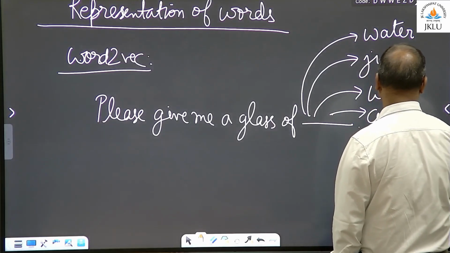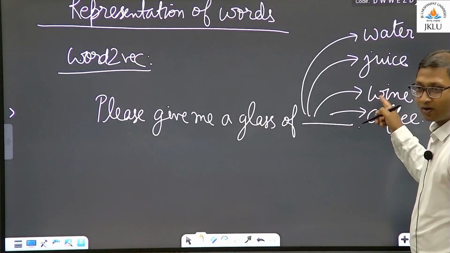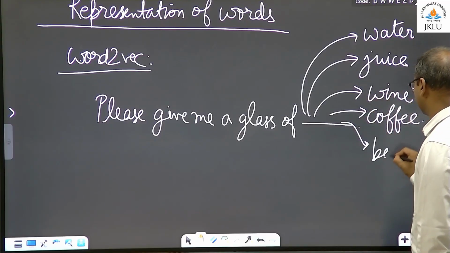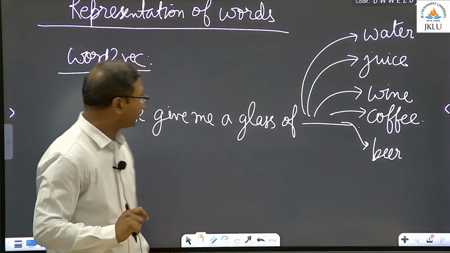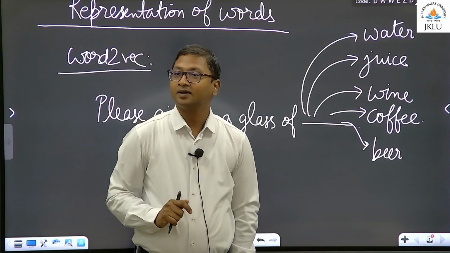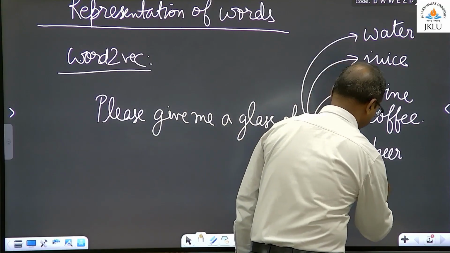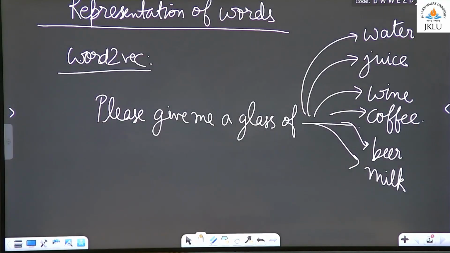Now don't do all this whisky, vodka. Okay, one wine. One more, let's do beer. That's it. Yes, please give me a glass of. Just one word, so don't say orange juice. Right now that is not allowed. Yes, more. Juice is done. Milk. Yes. Now if I say milk, you'll all start with buttermilk and so on.